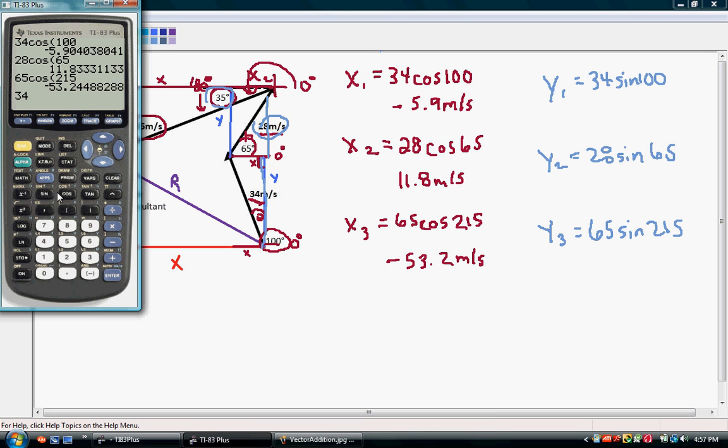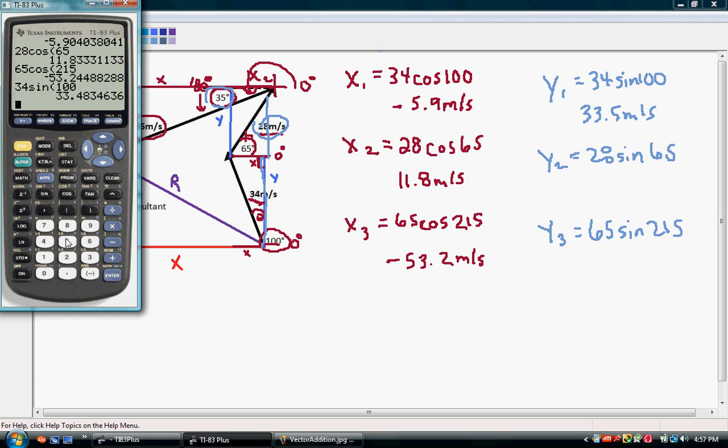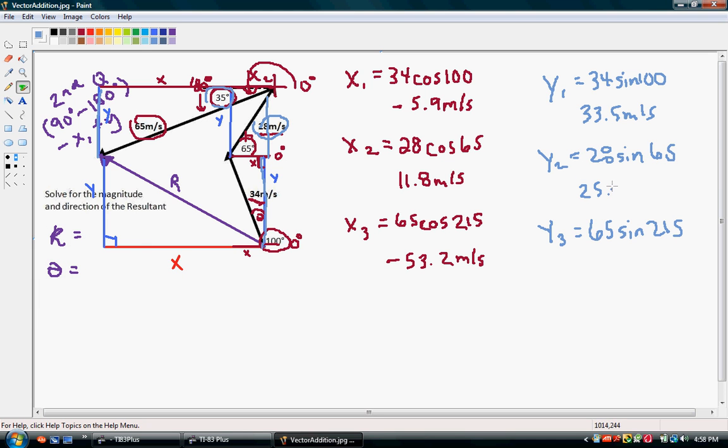So 34 sine 100, and we get 33.5 meters per second. And then 28 sine 65, and we get 25.4 meters per second.